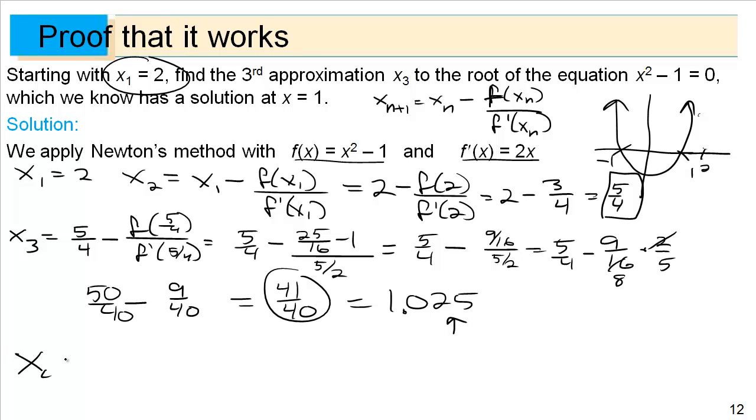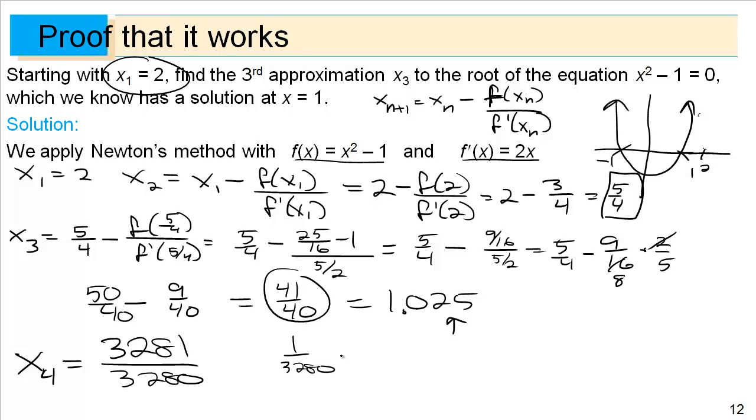If we did this again, x to the 4th, and if you want to do this on your own, I would suggest you do it just to make sure you can get there. It ends up being, if you leave it as a fraction, 3281 over 3280. So now the error is 1 over 3280, right? Because if we took those away, that would be exactly 1 over 1.